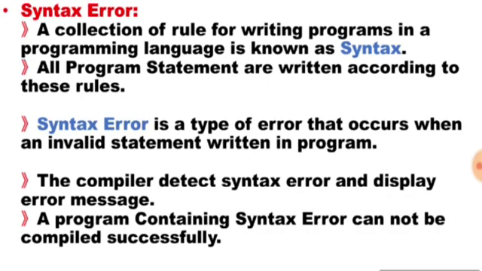In all programming languages, statements are written according to these rules. Syntax error is a type of error that occurs when an invalid or incorrect statement is written in a program. The interpreter detects syntax error and displays an error message. A program containing syntax error cannot be compiled successfully.